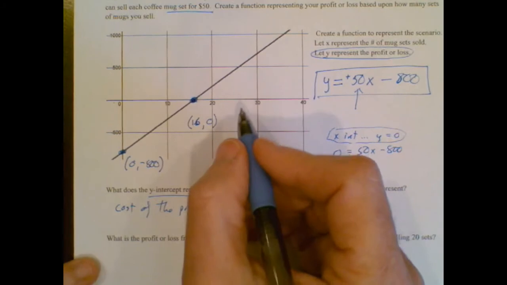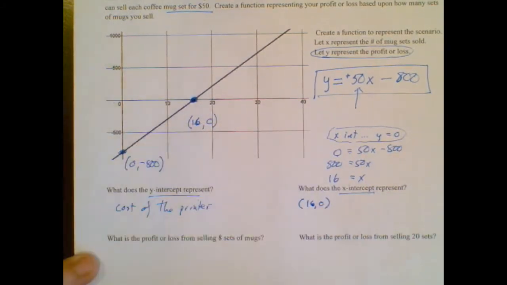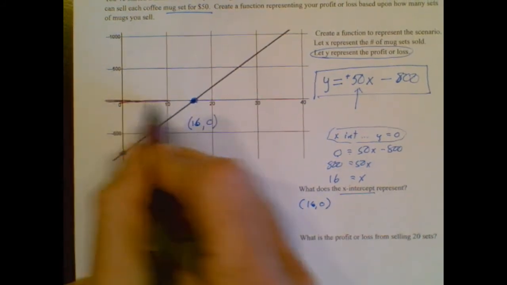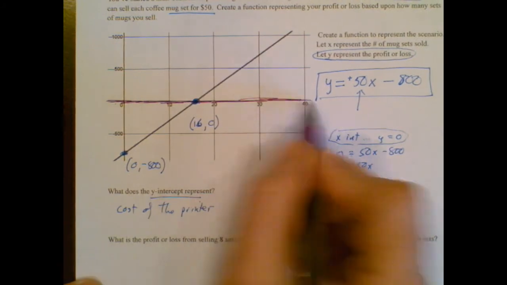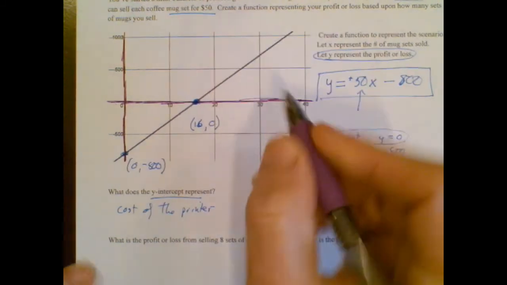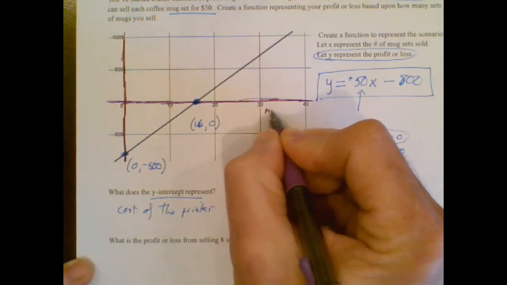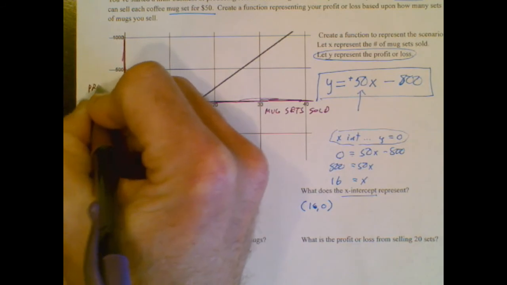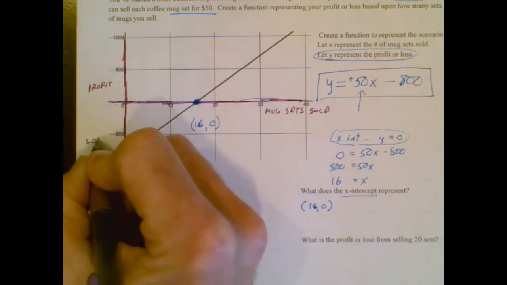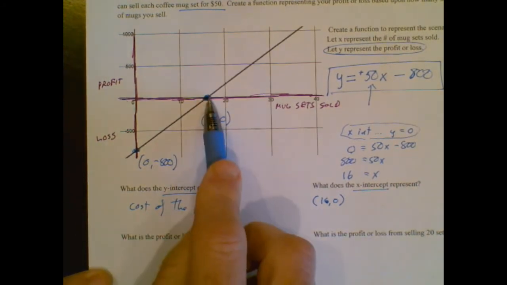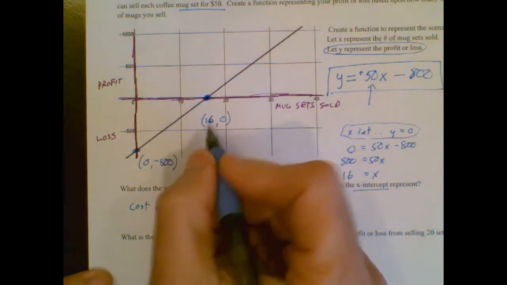Here's a case where it's really important to know what the x-axis and the y-axis represent. So I'm going to stop for a second and talk about that. This is my x-axis. This is my y-axis, and my x-axis represents mug sets sold, and my y-axis represents my profit or my loss as I get into the negative territory. So this (16, 0) means my x value is 16.